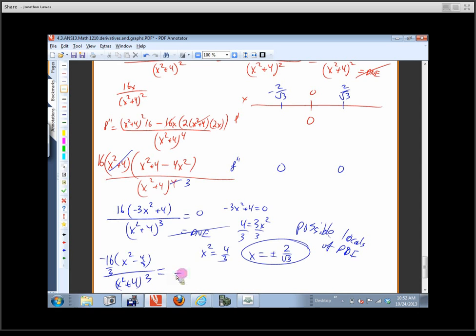Which I could write as negative 16 thirds. Let's see, make sure we get this right. That's a difference of squares, x minus 2 over radical 3 and x plus 2 over radical 3. And then write the denominator there. I think you could do it that way. Okay? But we've identified all the important parts here. And then you could finish it off.